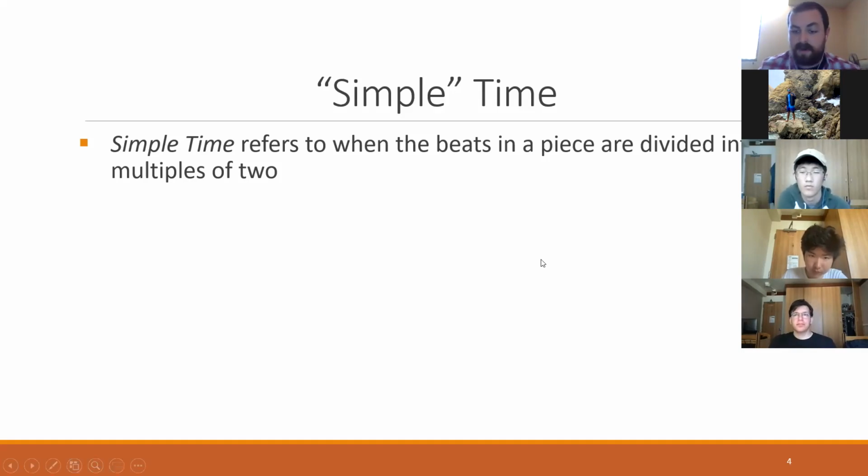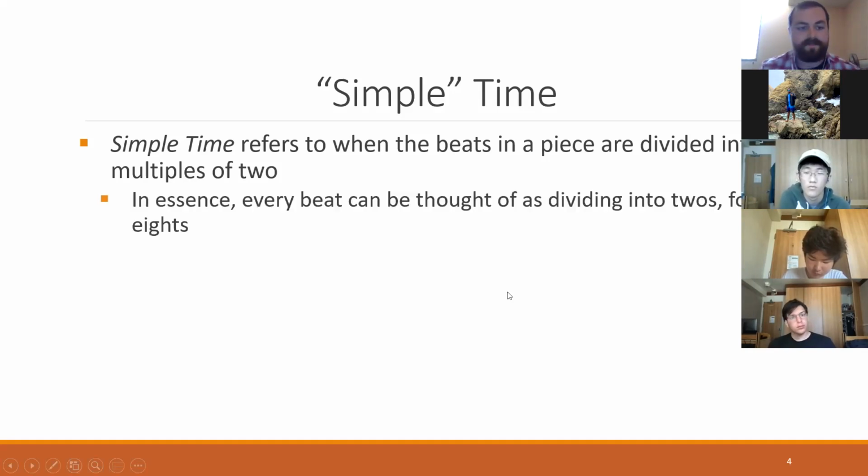As we'll see, most music in the Western tradition, whether it's pop or classical or whatever, simple time is extremely, extremely, extremely common. So this will be a familiar sound to a lot of us. In essence, every beat can be thought of as dividing into twos or further down into fours and eights. We've already seen this in thinking about how a quarter note goes into 4 sixteenth notes.